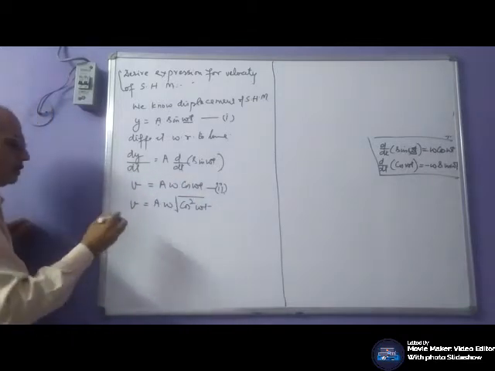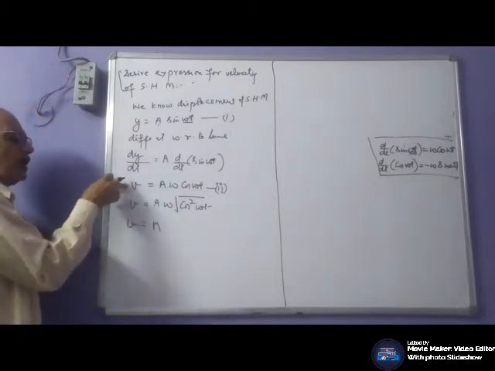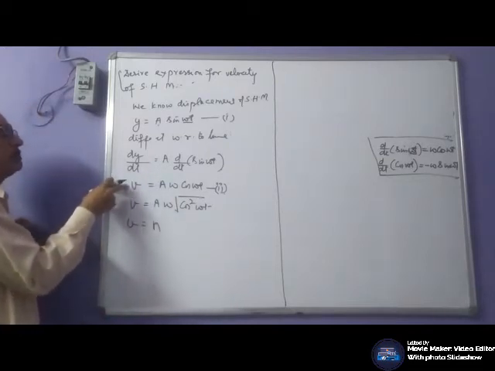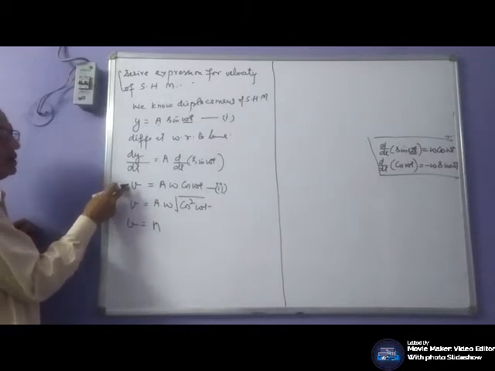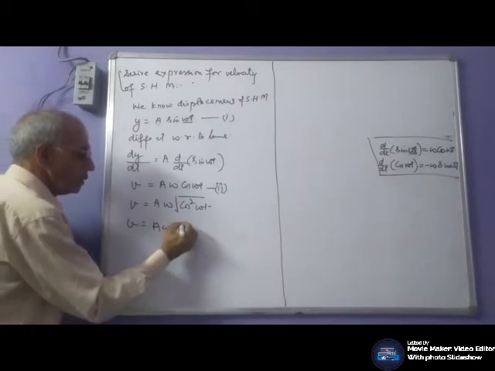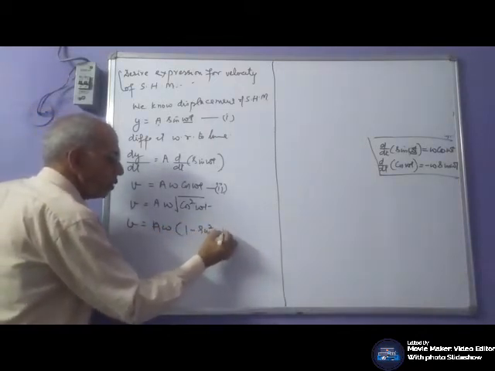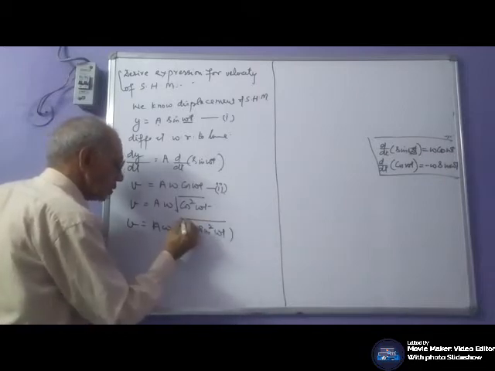Now it is the same equation. This is velocity. We have to calculate the velocity of S.H.M. Further, it is 1 minus sine square omega t under the root.